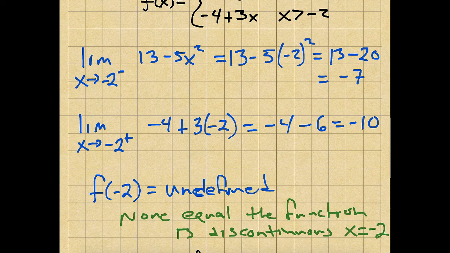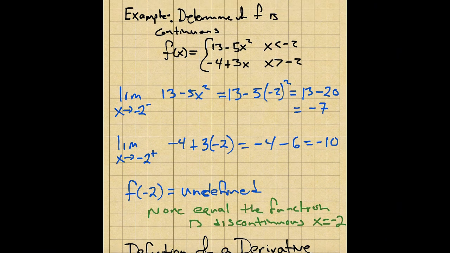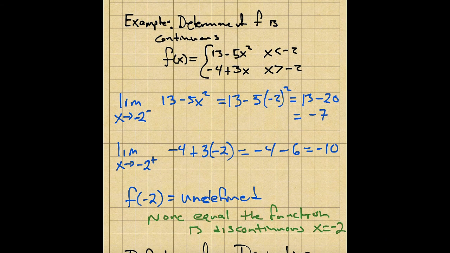So that problem right there shows that you've got to actually show all three things. You've got to show the limit from the left side, look at the limit from the right side, and then figure out the actual value of the function at the point of concern and see what works.